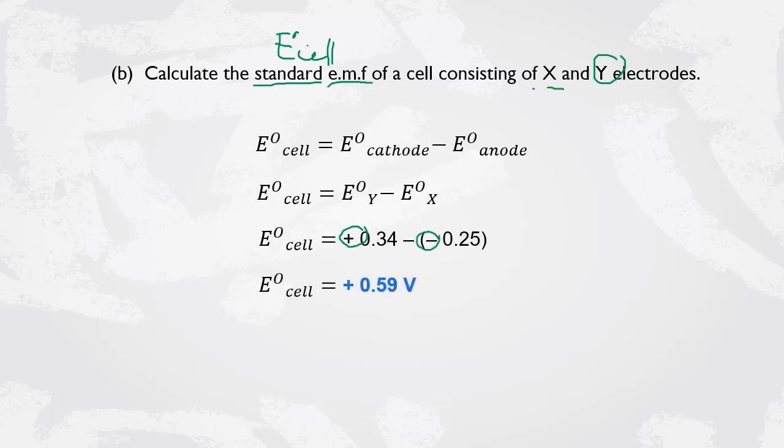And lastly, you will get the potential difference between X and Y as positive 0.59 volt. Please write the positive or negative sign whenever necessary, because if you don't, we're going to be confused with the spontaneity of reactions.